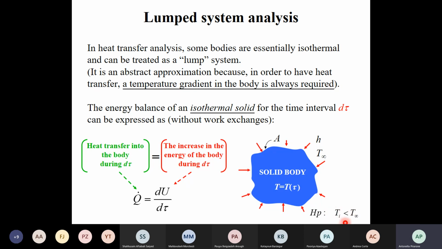So the fluid heats the body. So the transfer goes from the fluid into the body. So this heat transfer for the time interval d tau is equal to what? To the energy content variation of a body during the same time interval d tau.